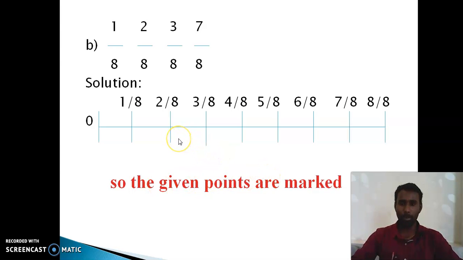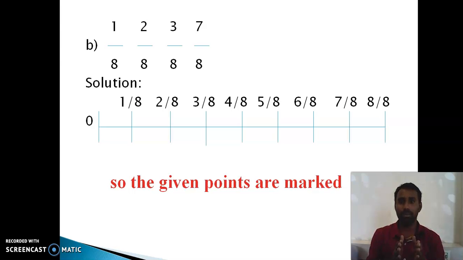Now, did you understand how to solve? First, we have to find from where to where, which interval it should be. That is the first step. Second, what is the denominator of the last number, or which numbers get repeated? We can say it in that manner.